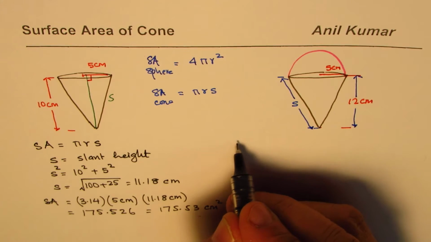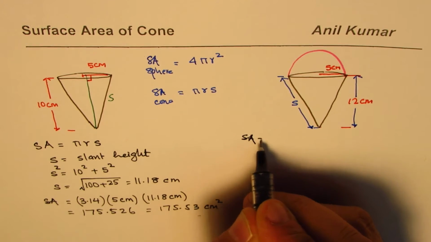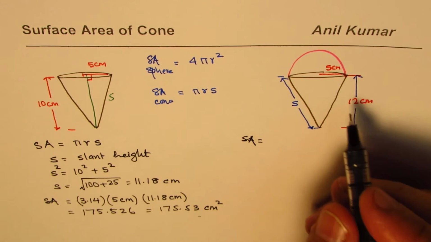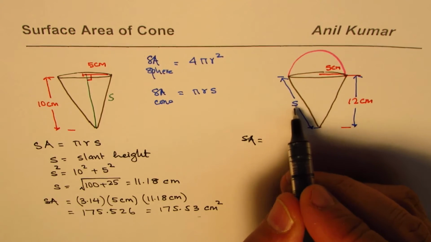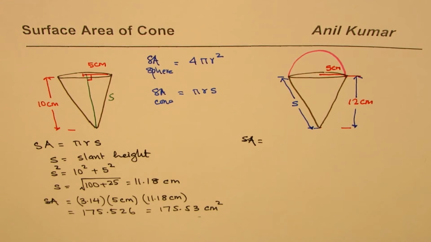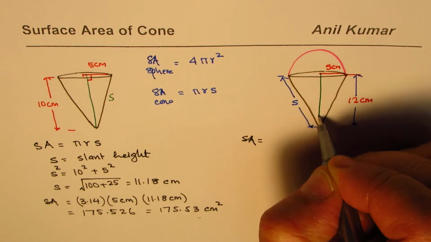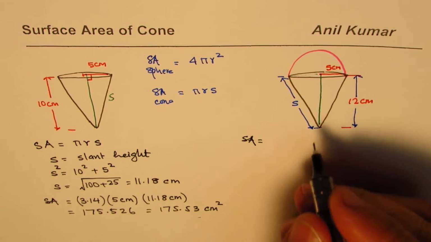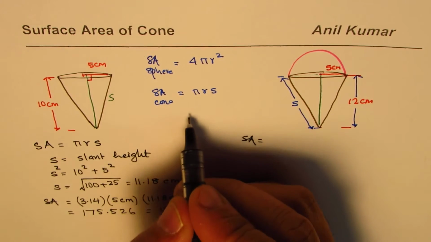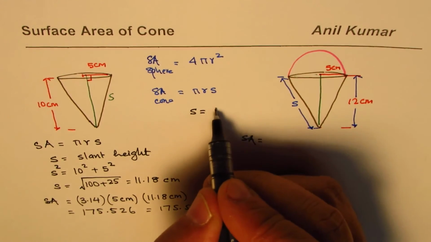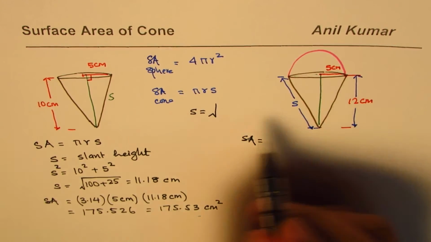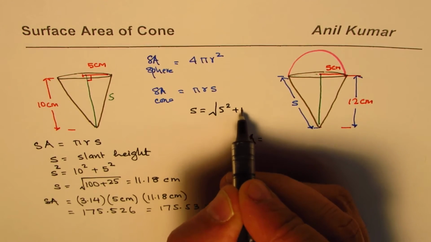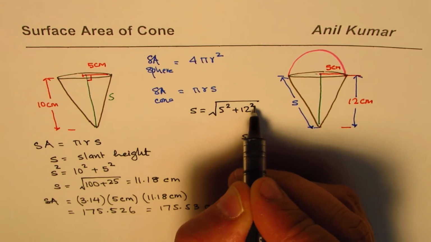In this case, first we have to find s. Let's calculate s before we do any other calculation. s is equal to the square root of 5 squared plus 12 squared.